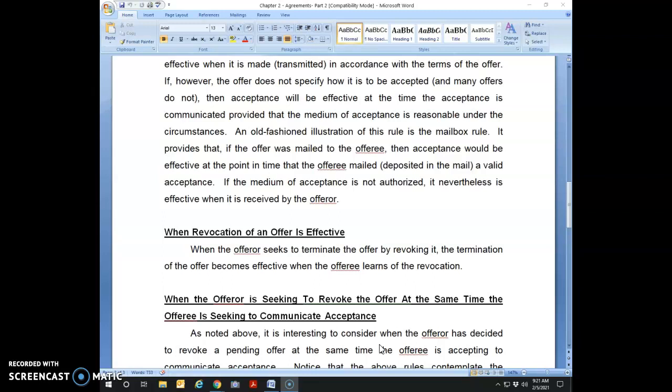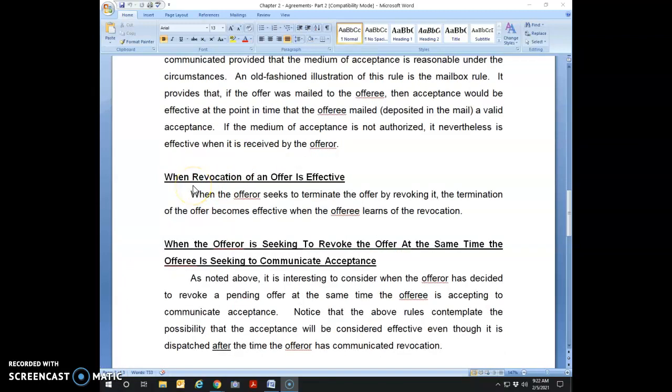Maybe you've come along and said to the offeror, you know what, I'll pay more money for whatever we are trying to sell if it's a sale situation. Now the plot thickens, because the offeror is taking steps to revoke the offer, and the offeree is taking steps to accept the offer.